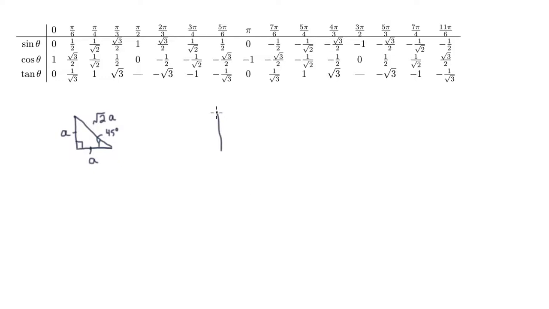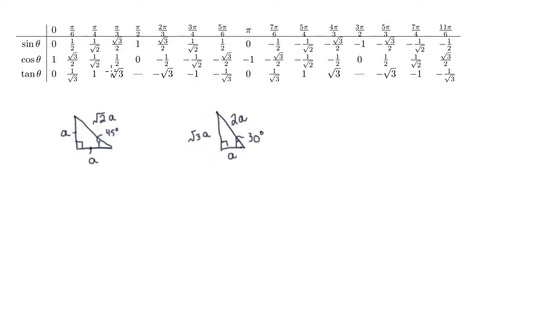Similarly, we had a 30, 60, 90 triangle. So that was where this angle was 30 degrees. And in that case, if this was, say, A, okay, then this was going to be twice A, and then this was going to be square root of 3A.